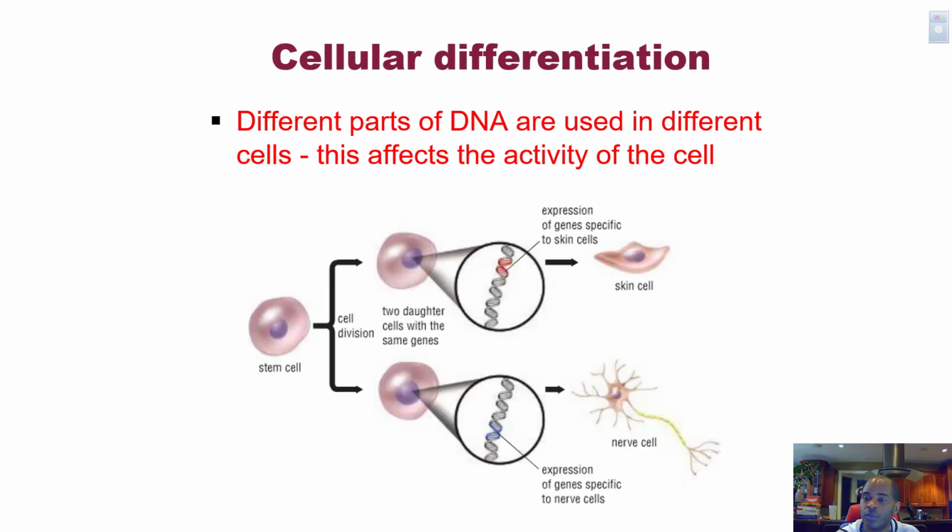That has to do with the fact that the different cells have different parts of their DNA turned on. The skin cell has the expression of very specific genes that code for and express skin. The nervous cells have very specific parts of the gene that code for and help express the nerve cells. Right? So this is stuff we'll talk about in more detail in the senior biology classes if you take them.